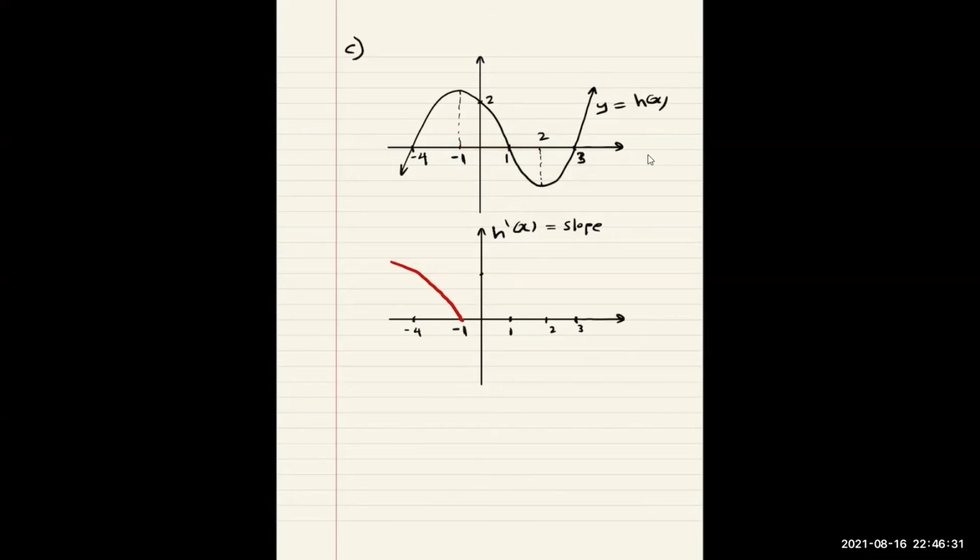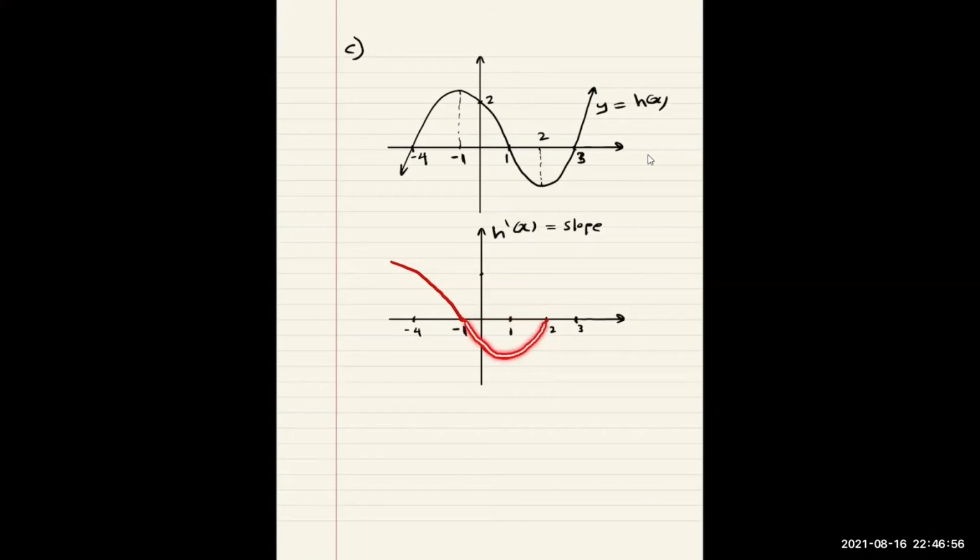But notice that at x is equal to 2, your slope has to be 0. Between -1 and 2, your slope has to be negative, but at x is equal to 2, your slope has to be 0. So you should have a shape like this. Notice that between -1 and 2, your slope is negative.